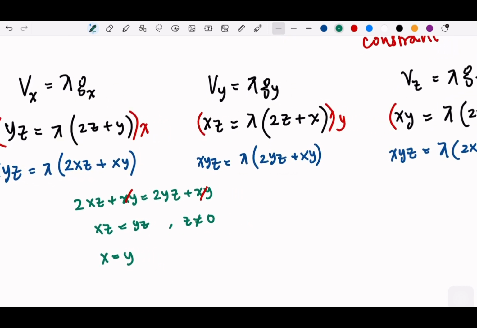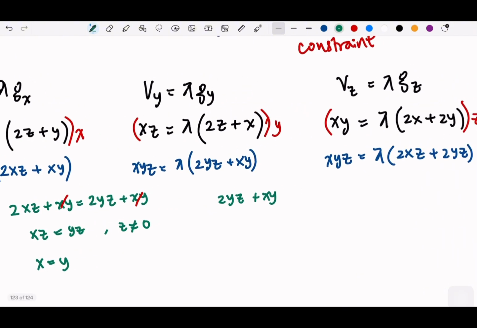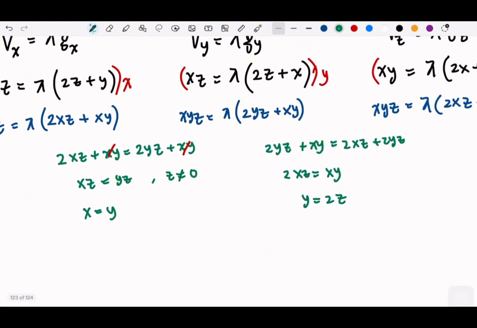Now, the same thing here, from 2yz plus xy and 2xz plus 2yz, this will give you 2xz and xy. So y is 2z. So x equal y equal 2z.